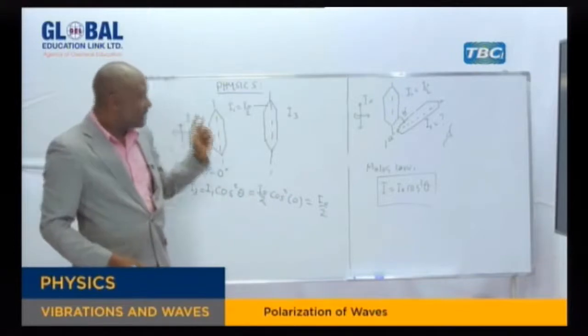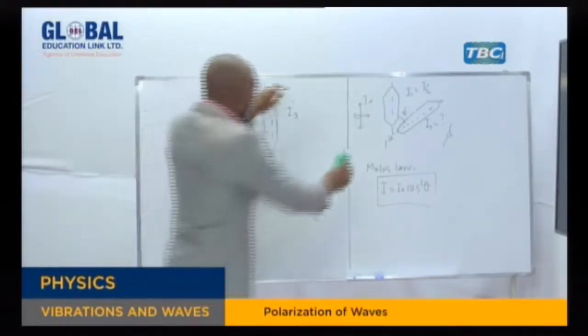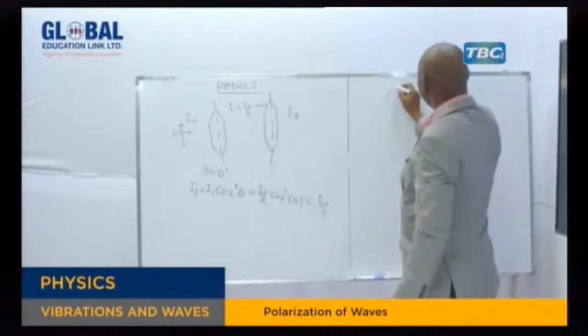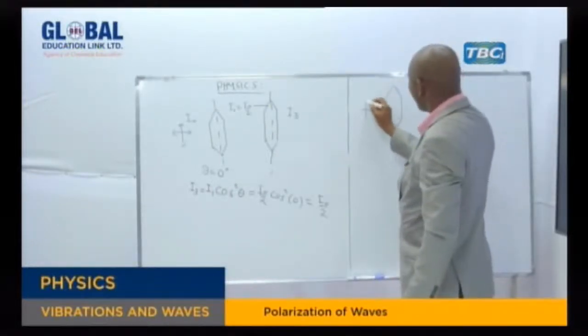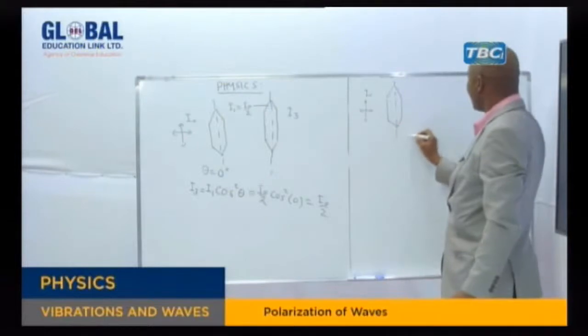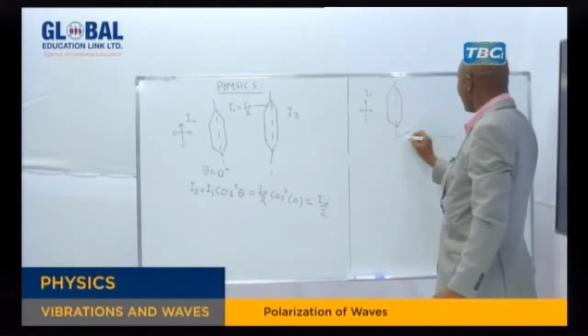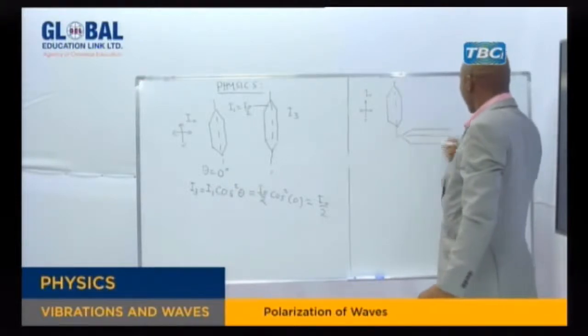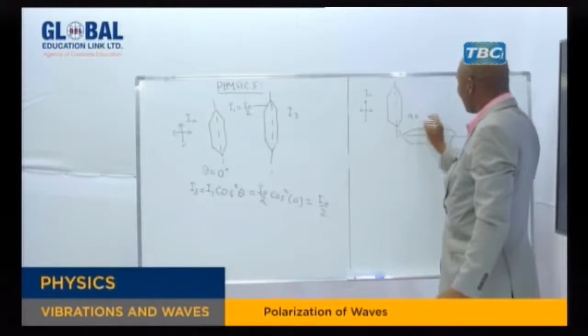Now, what happens when the second polarizer is at a right angle? If it's at right angle, let's prove what happens. If this was our I naught, now the two polarizers are at right angle. The angle here is 90.